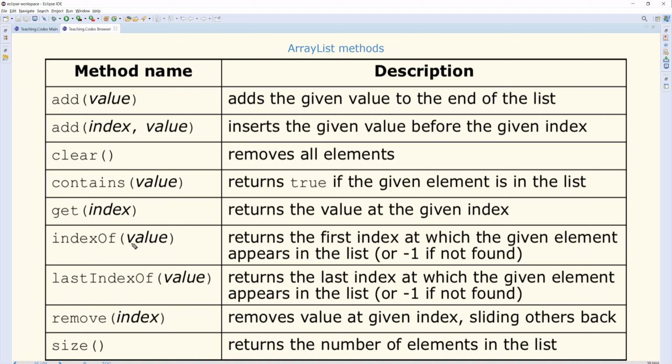IndexOf will find us the value in the parameter in the array list, and if it exists in the array list, it will return the index, which is a value between 0 and size minus 1, as you know. However, if it's not in the list, it returns -1, which means actually you could also use indexOf in a way similar to contains and check if its return value is equal to -1 or not.